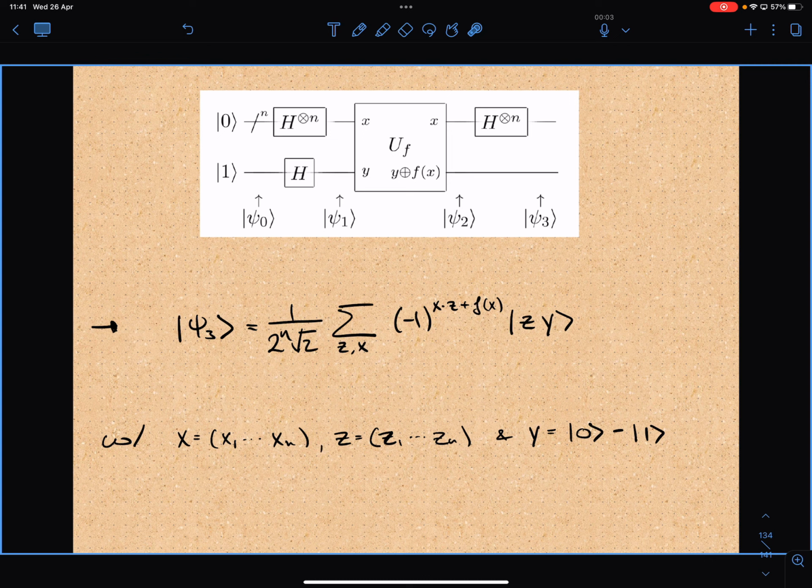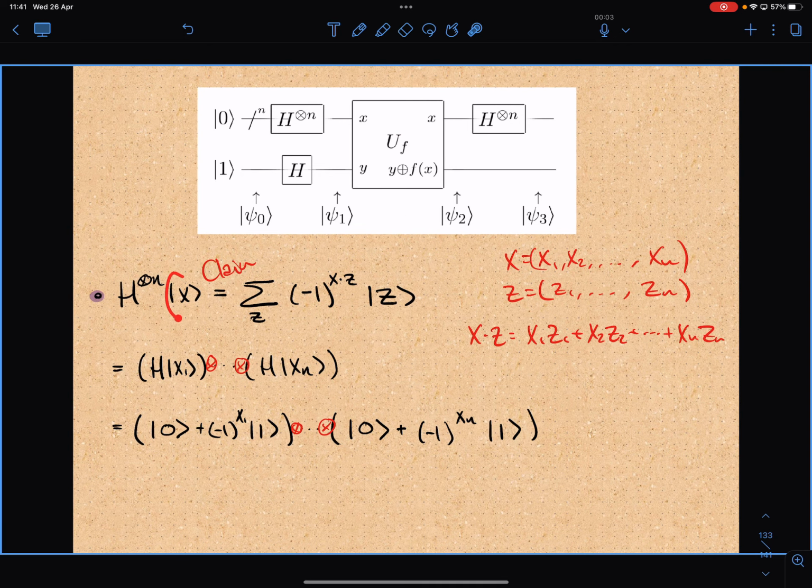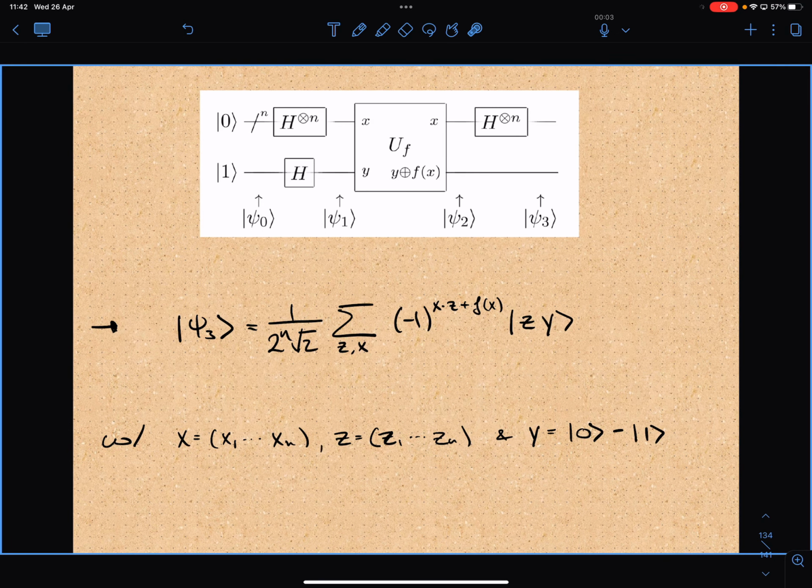So, in the computation before, I did it for just one element x, but in here, the state that we have is going to be a linear combination over all x's. So I need to apply h tensor n to this one, and then I move it inside the summation, and what I obtain is a summation over z and x.